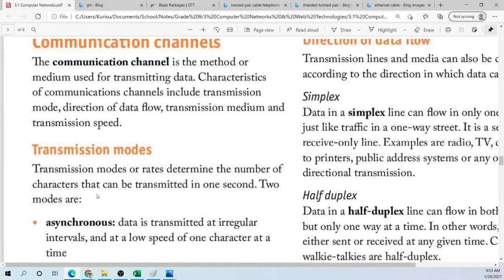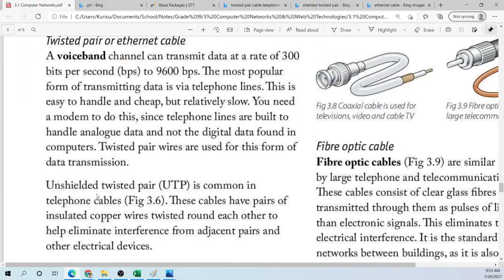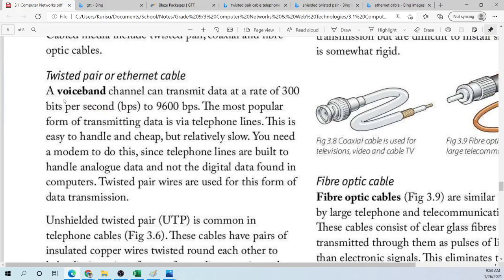Good. So, something I missed. Alright. So, this term here, voiceband. A voiceband is, as the name would imply, used to send voice data across the communication channel, and it has a transmission rate of 300 bits per second to 9600 bits per second.